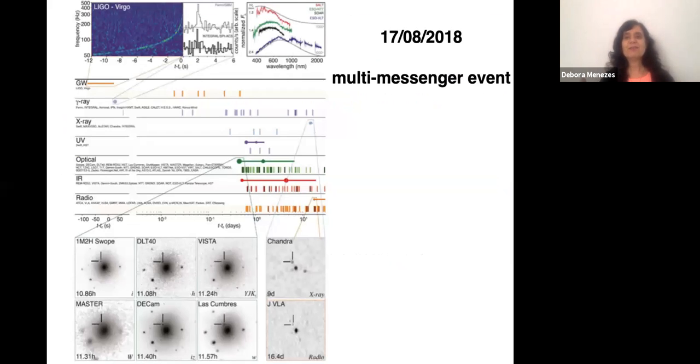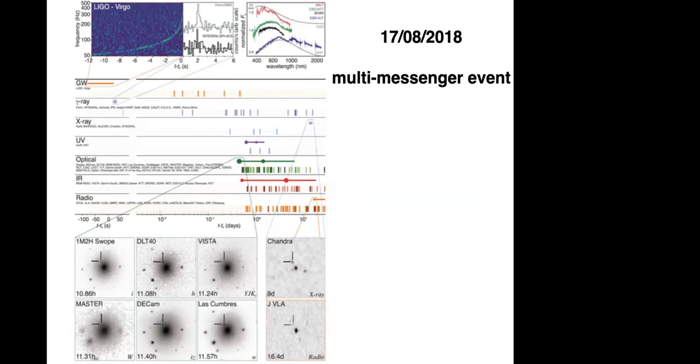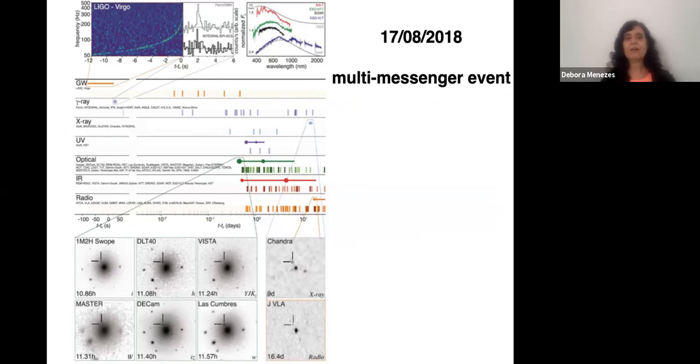And this is very fantastic because this was a multi-messenger event. It was not only detected through gravitational waves by LIGO and Virgo, but the signals also arrived at lots of different detectors around the world through gamma ray, X-ray, ultraviolet, optical, infrared, and radio frequency.